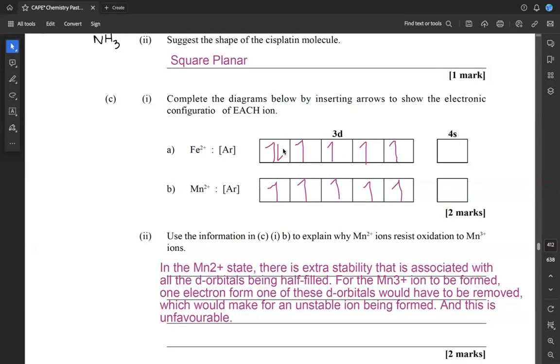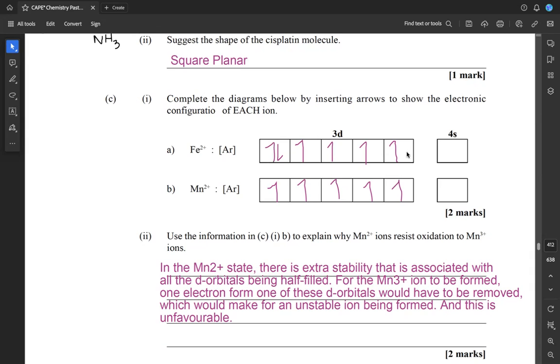You can form Fe3+ fairly readily because the stable state is when they're all partially filled and none doubled up like in Fe2+. That's how you'd answer a question like that. If it asked on the converse why it is easy to form Fe3+, it would be because forming Fe3+ removes one of these extra electrons, leaving 1 in each, and that's more stable.